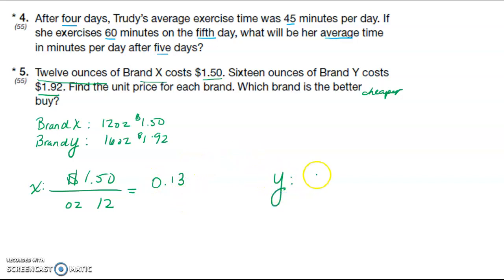So for brand Y, if we do dollars over ounces, because we want to know how much we spend per ounce, 192 per 16 ounces. So 192 divided by 16 is 12 cents. So Y is going to be the better brand because it's a penny cheaper per ounce.